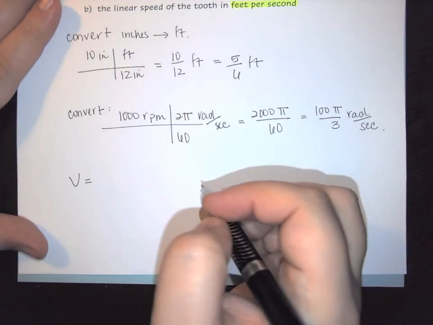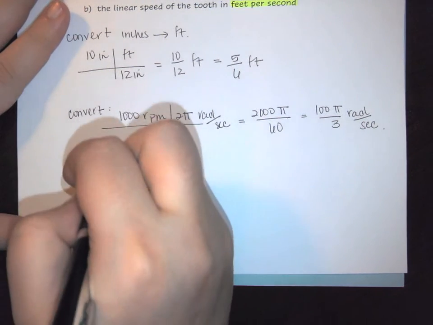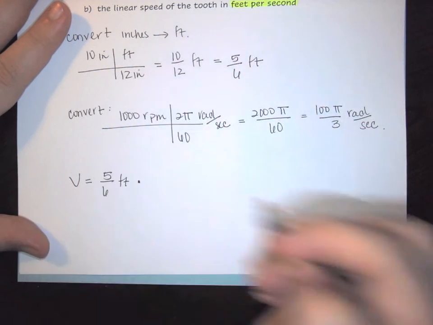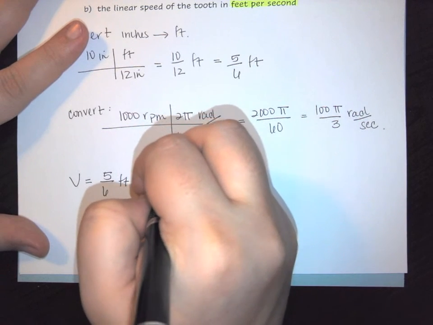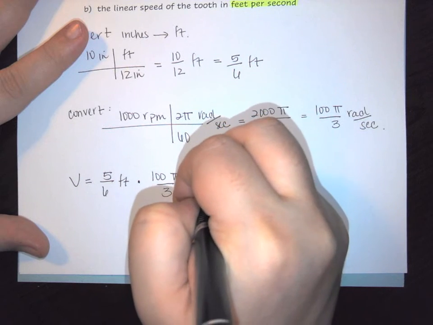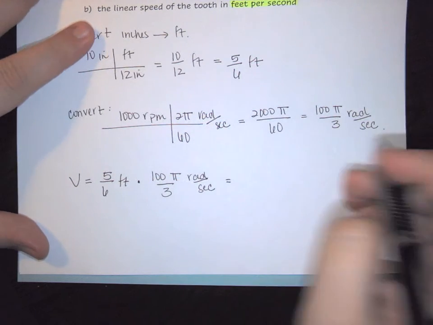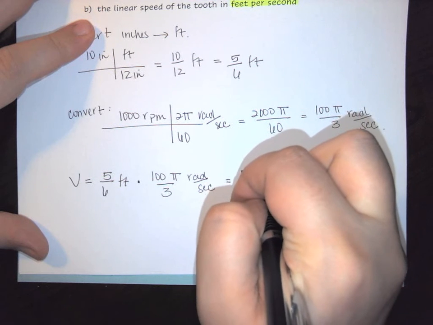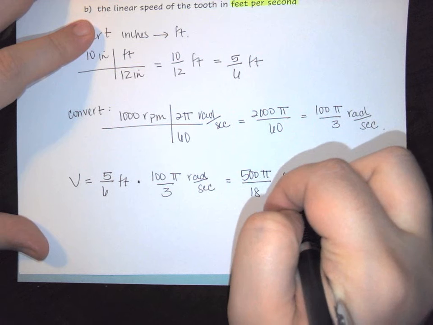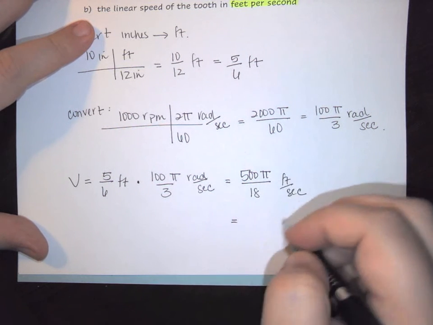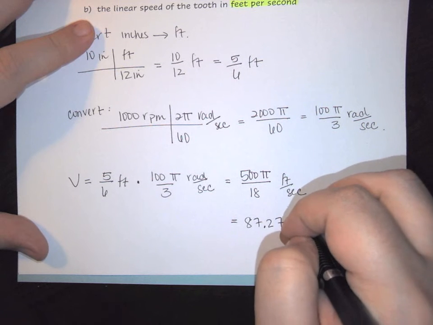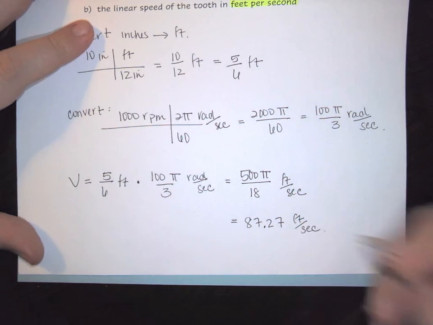So I have my linear speed, and this is going to be my 5 over 6 feet, and I'm going to multiply that by my 1,000 pi over 3 radians per second. And this is going to end up giving me 500 pi over 18 feet per second, which gives you the decimal 87.27 feet per second.